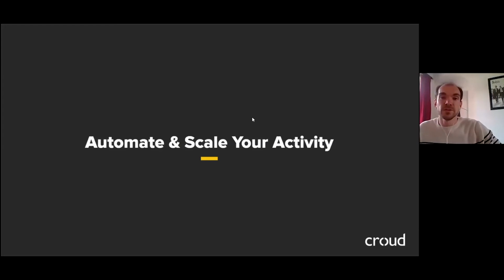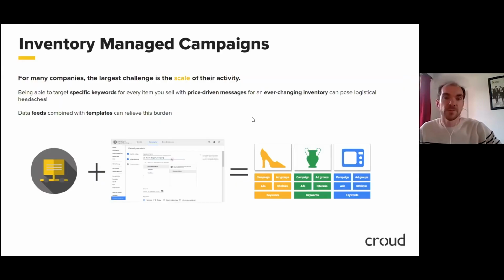The next thing that we're going to look at is how we can scale activity. For many of you, if you have been running, for example, shopping activity, and you have a large inventory, it's usually hard to scale activity.